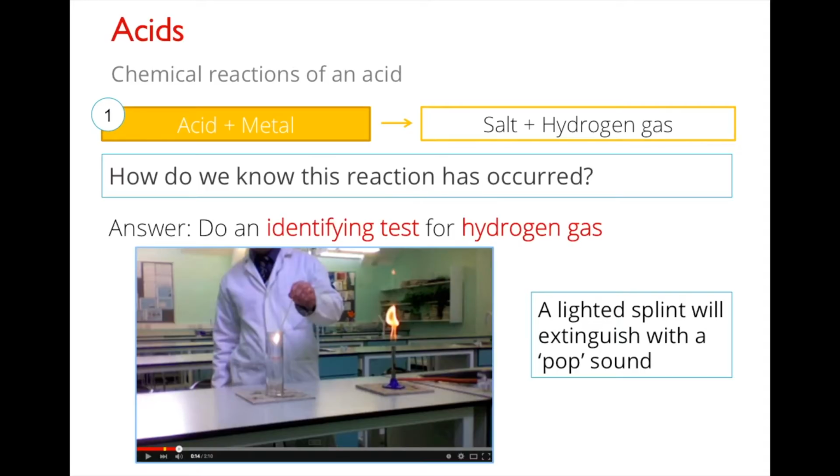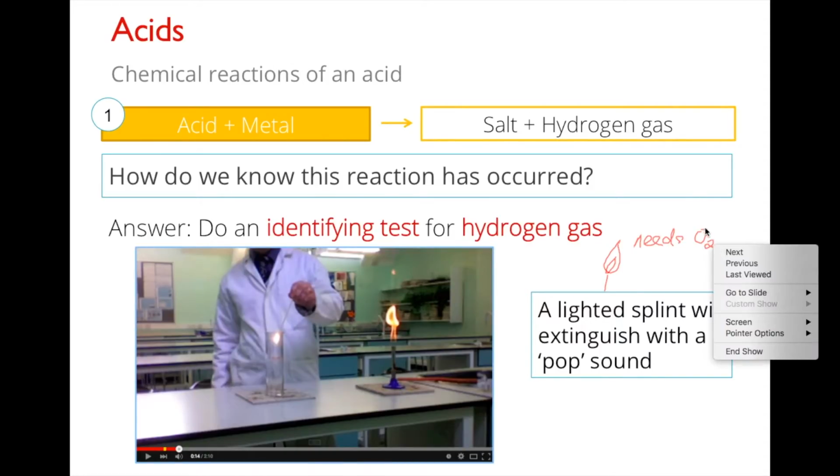Okay, the evolution of not just hydrogen gas, actually any gas except for oxygen gas would extinguish the lighted splint. Why is that so? Do you know what is needed to keep the flame burning? To keep something burning, okay, we need oxygen gas.